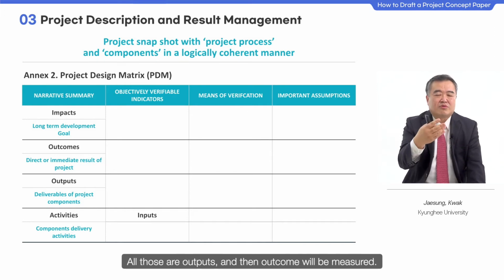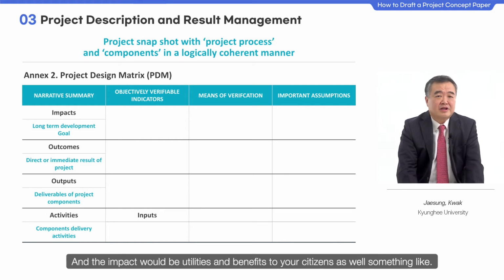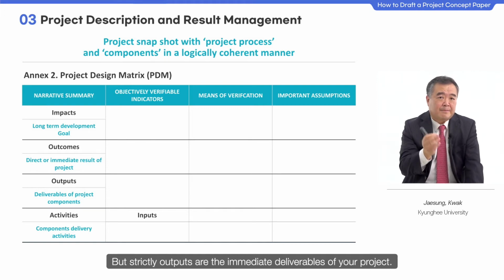And then outcome will be measured something like the efficient management of the city administrations. And the impact would be utilities and benefits to your citizens as well. Outcomes and impact will be generated with time, but strictly, outputs are the immediate deliverables of your project.